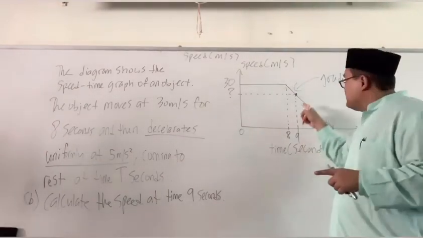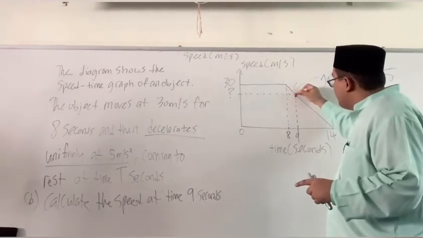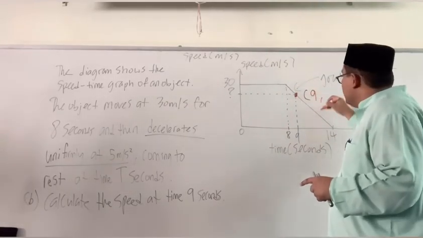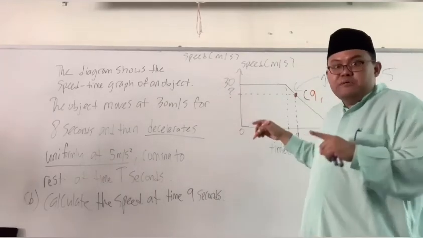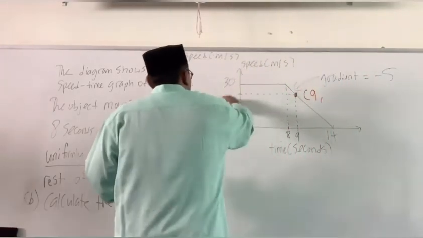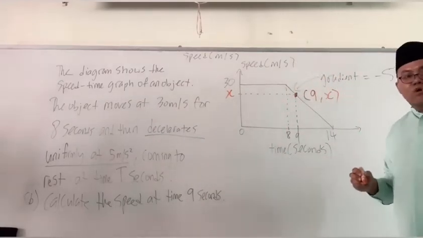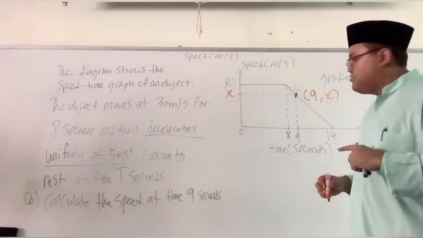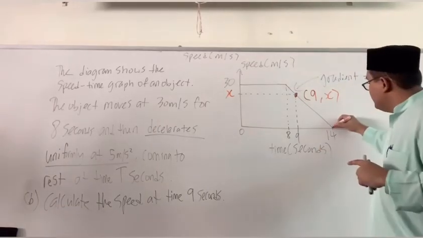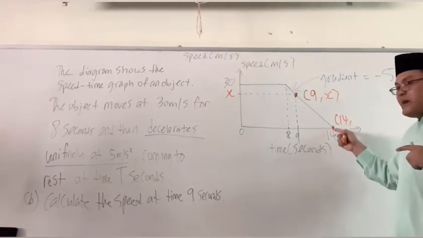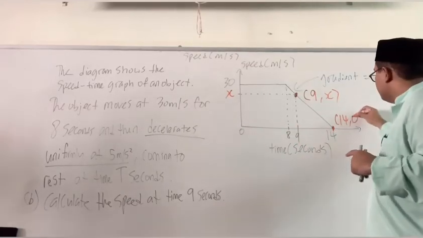Since we are interested in this point, then let this be 1 point. We know the x value 9, and this is what we want to find. So let this be x. So which other point can we use? Okay, we can use this point. The x coordinate is 14, the y coordinate is 0.